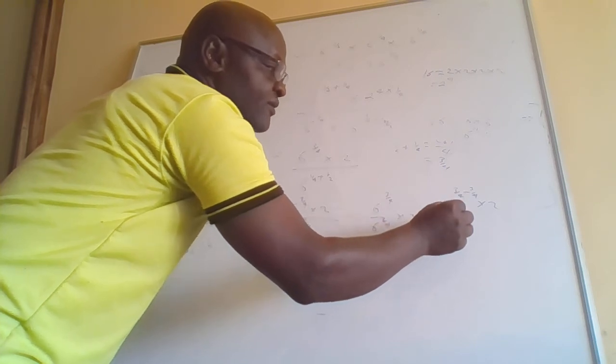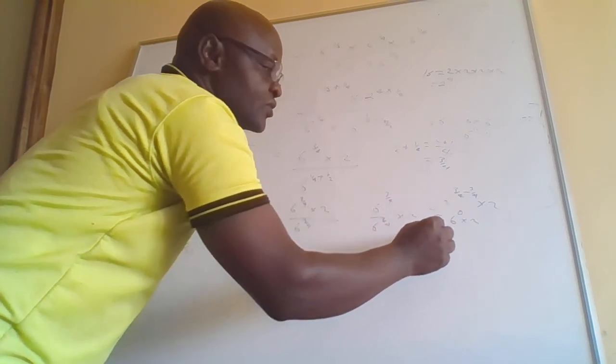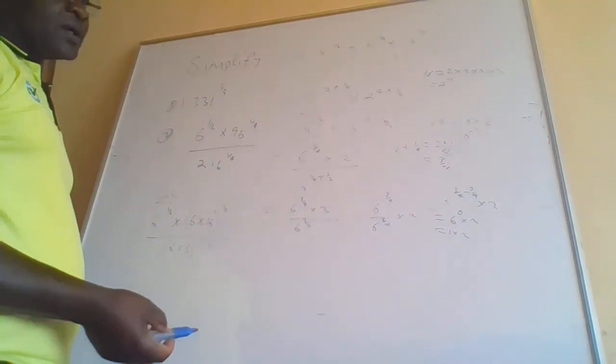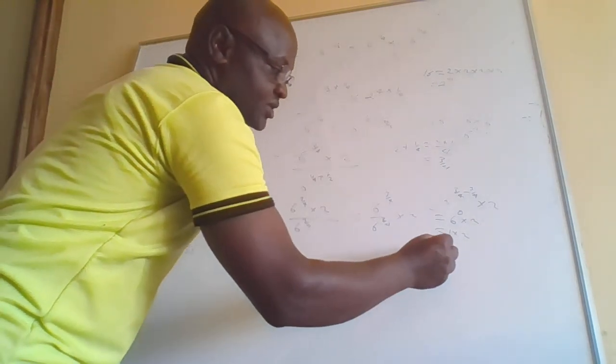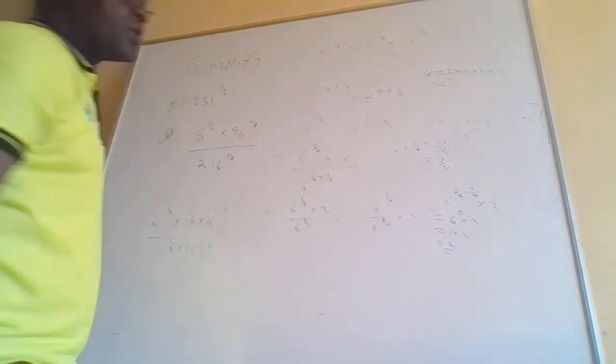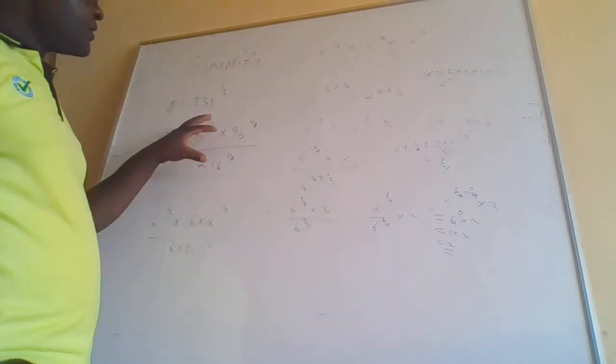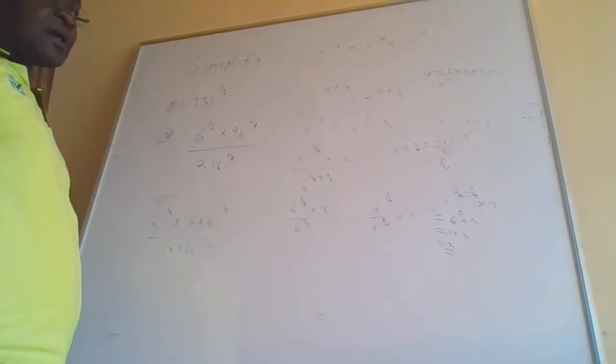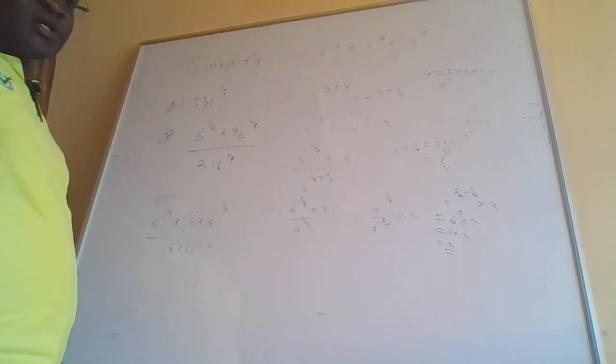When you subtract you have 0, so 6 raised to 0 times 2, which equals 1 times 2. Any number raised to 0 is 1. So we have 1 times 2 equals 2. Therefore, when you simplify this expression, you get 2 as the result. Thank you for watching and listening.